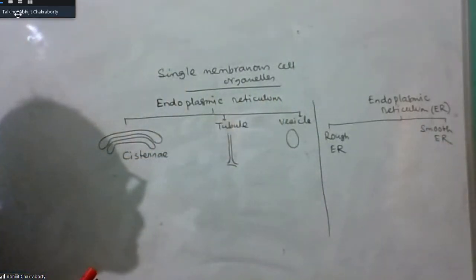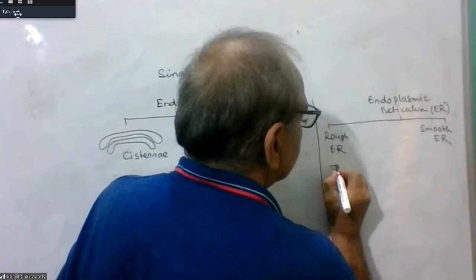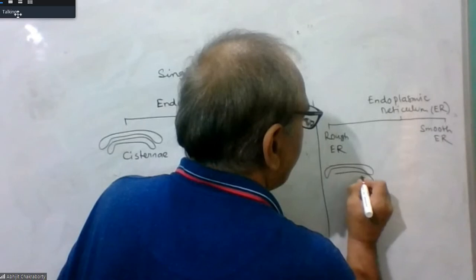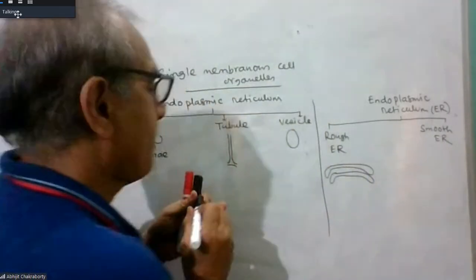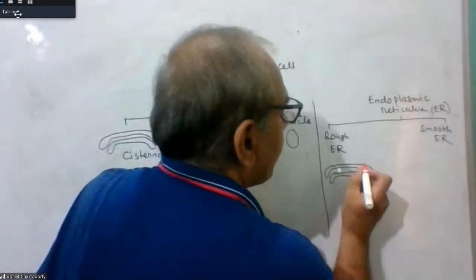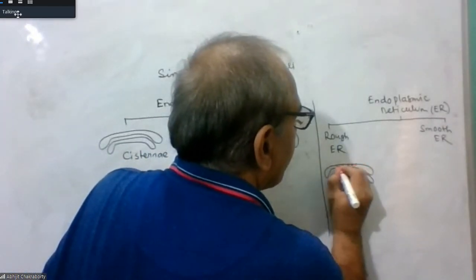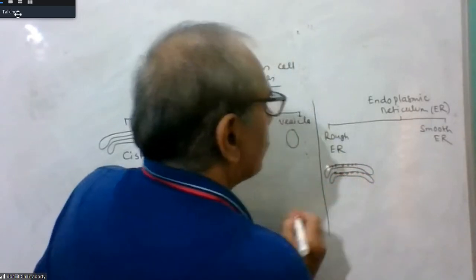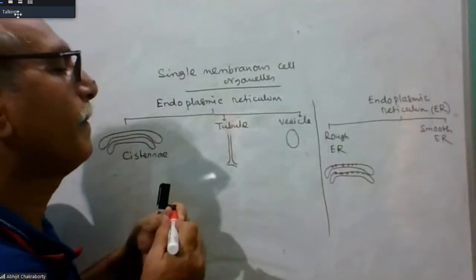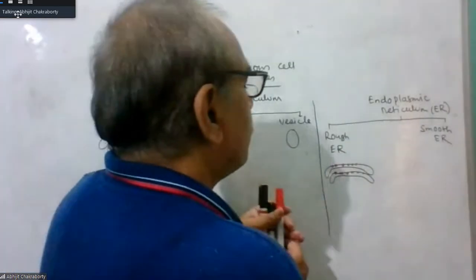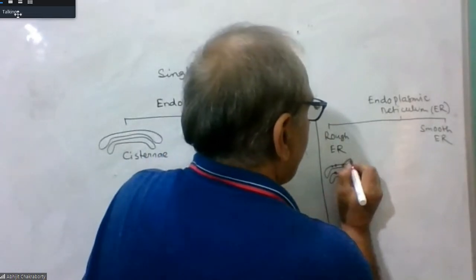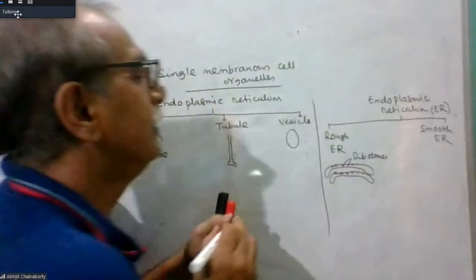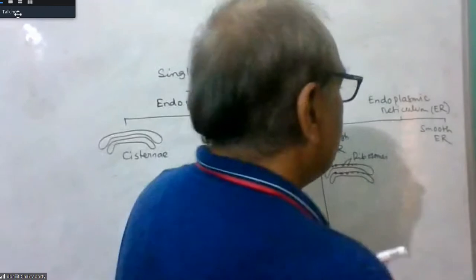Rough ER and smooth ER. You can call it rough ER if ribosomes are found to be attached to it. Smooth ER is devoid of ribosomes.